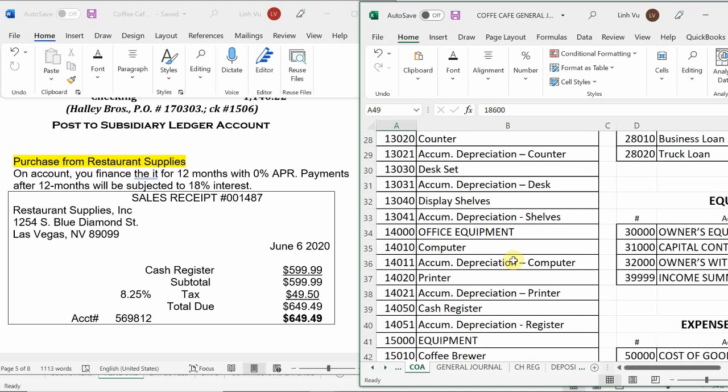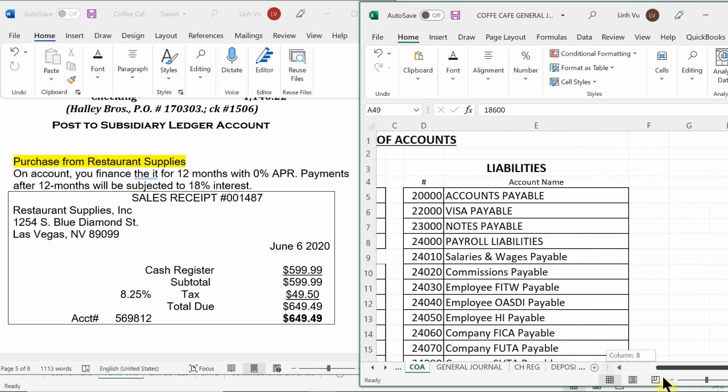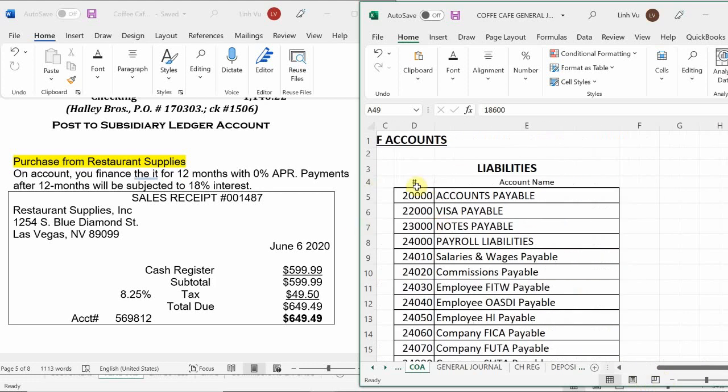1450. Okay. And because we placed it on an account, what account are we going to use for that? Accounts payable, which is account number 20,000. Okay, accounts payable. We're going to be using our accounts payable for our, in this case, wrong. Not accounts payable.